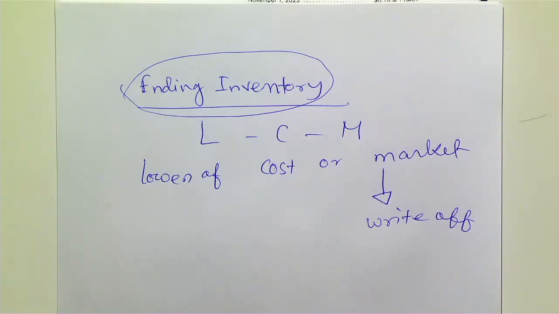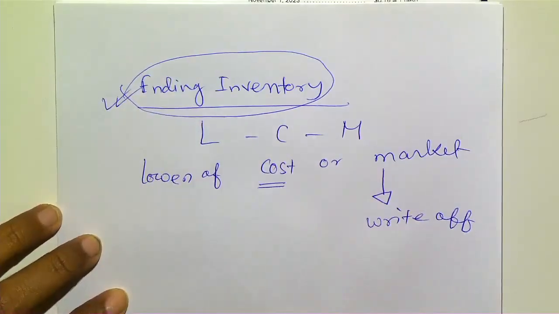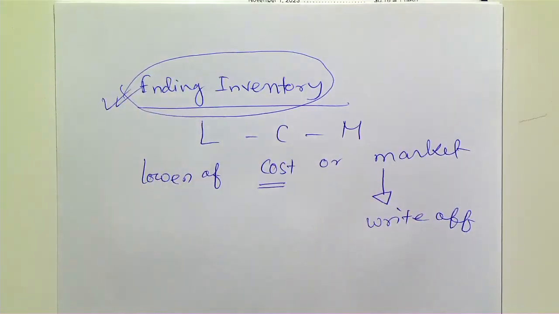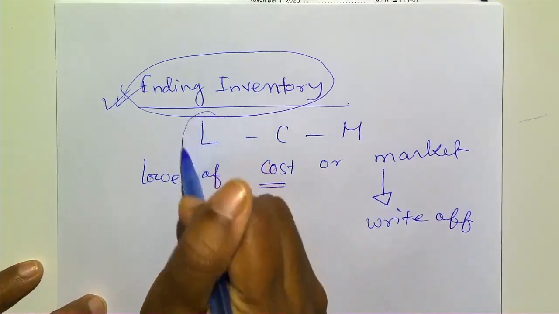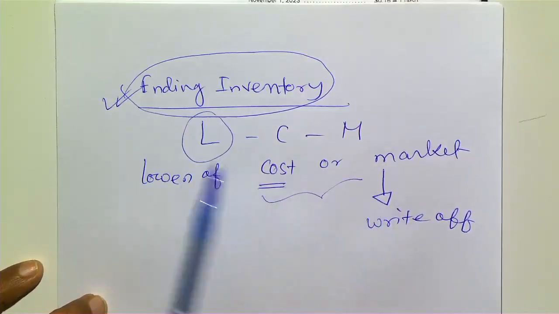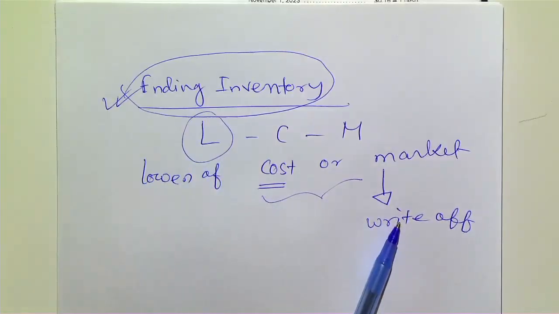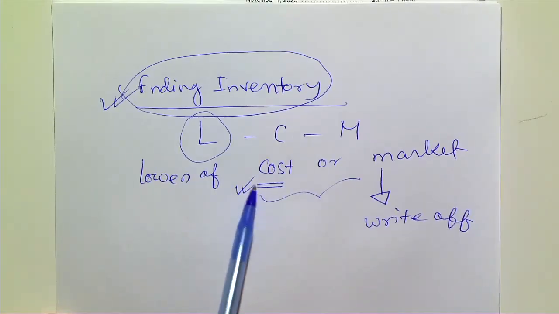So ending inventory, when you buy it, you record it as per the purchase price, but at the end of the year, we see market price went down. We always pick the lower out of these two. If market price is lower, we have to reduce the inventory value. If the market price is higher, that's fine. We will always record as per the lowest one, and cost is usually the lower one.